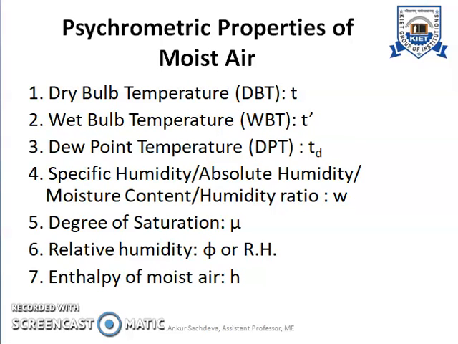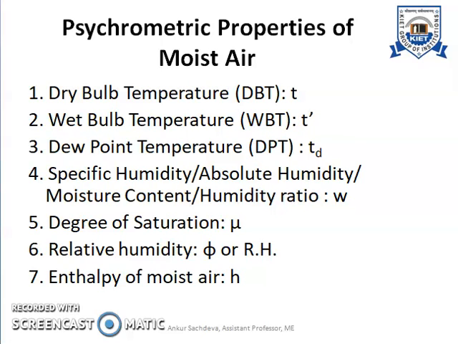Number two, we have the wet bulb temperature, denoted as WBT, with the notation t dash. Similarly, the third property is dew point temperature, denoted by DPT and represented by the symbol small t with the subscript d.